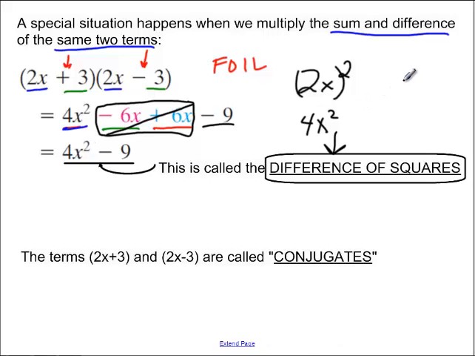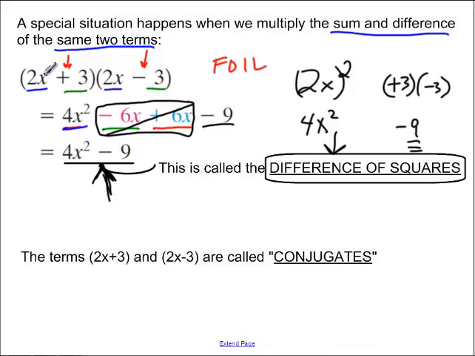The second term is plus 3 times minus 3, and that gives us minus 9. And the important thing is that 9 is a perfect square. So we've got the difference, subtraction is difference, of squares. 4x squared is a perfect square, 9 is a perfect square, and there's the difference of squares.